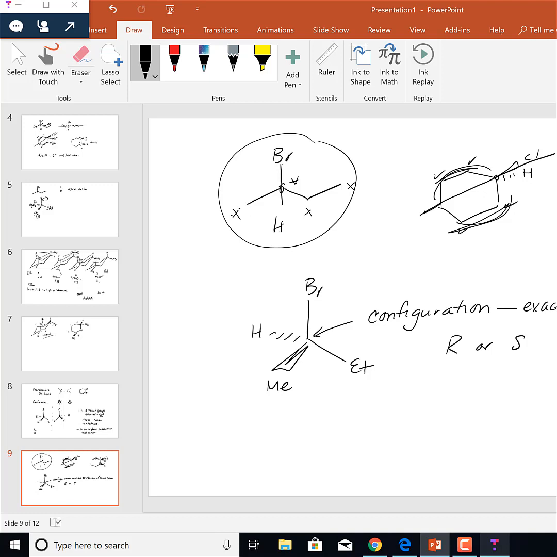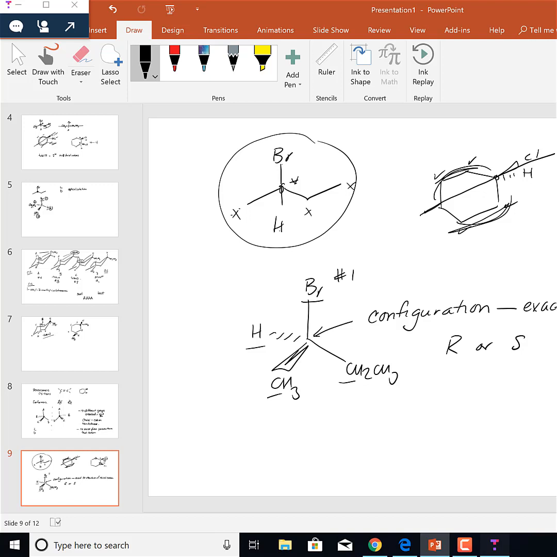Br would be number 1, because remember how I do this, and this is where the ethyl and the methyl are meaningless. Let me write the groups out, because I'm going to need to do that. So I've got bromine versus hydrogen versus carbon versus carbon. Now I'm looking at the atoms that are attached to the chiral center, and the highest atomic number wins.